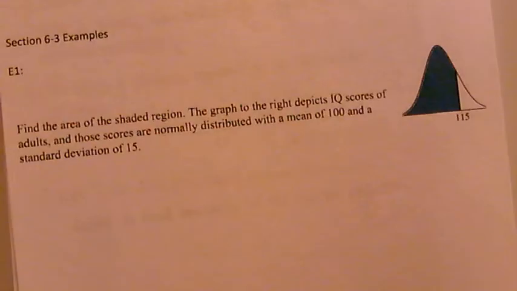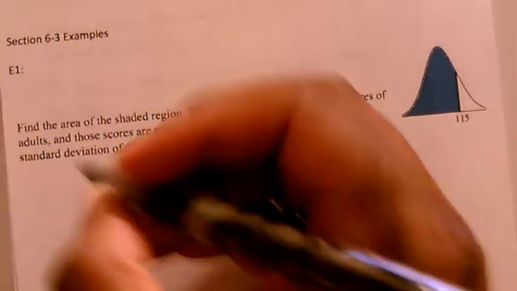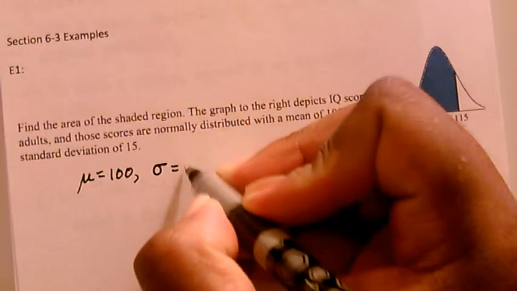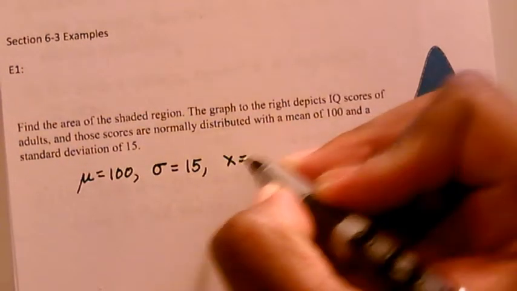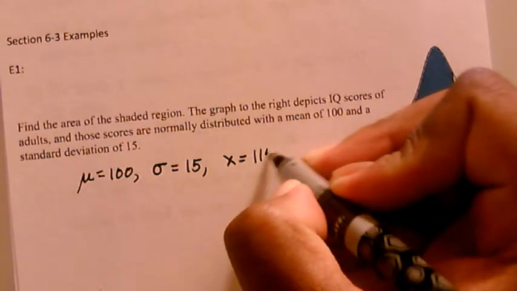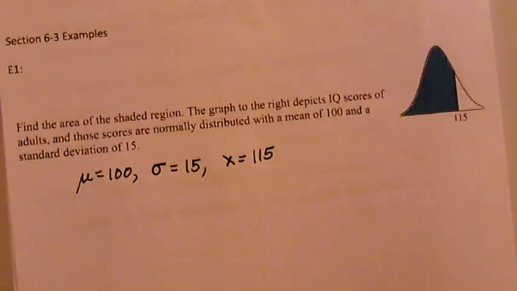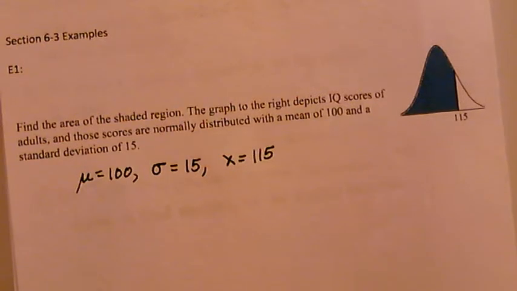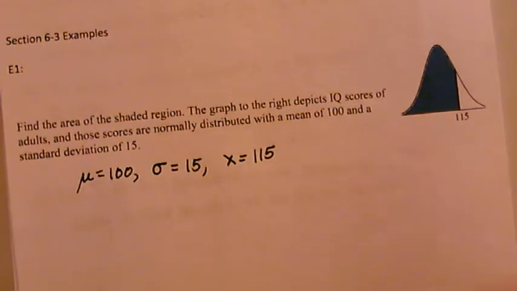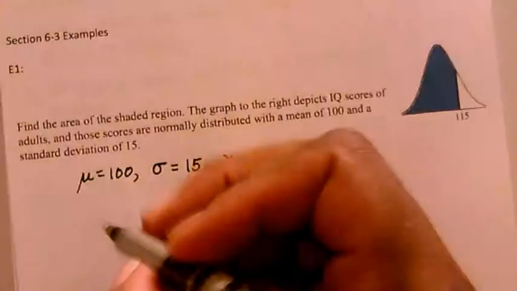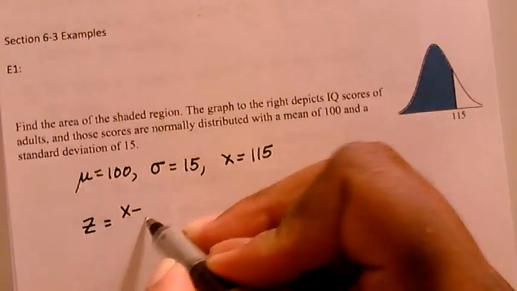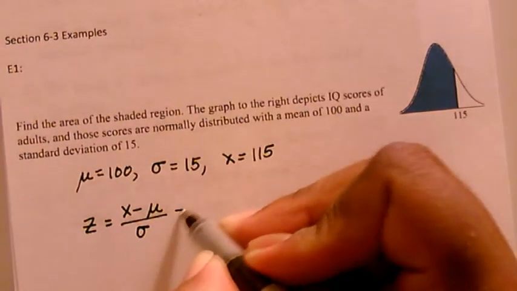So in this case, we already know that the mean is 100. That's your mu. The standard deviation, which is your sigma, is 15. Your x value is 115. So we already got the graph given to us, and it's already shaded. Now the next thing we need to do is convert 115 to a standardized z value, which will be x minus mu divided by sigma.